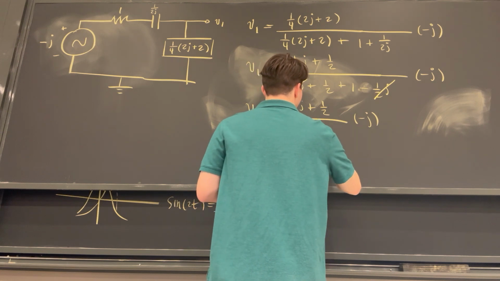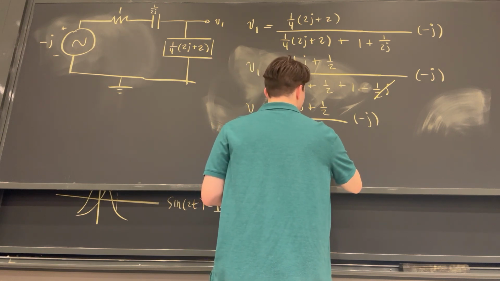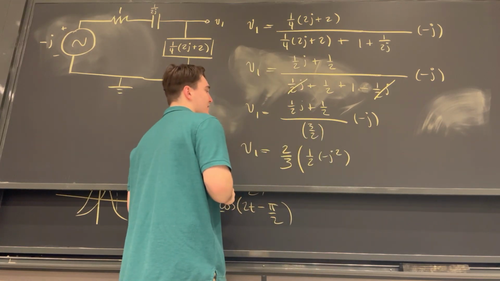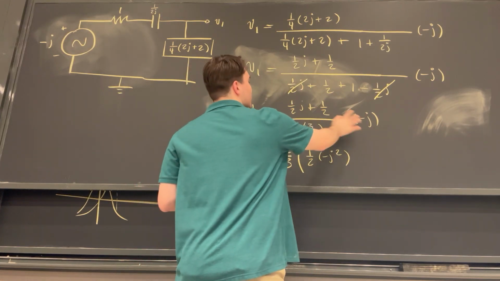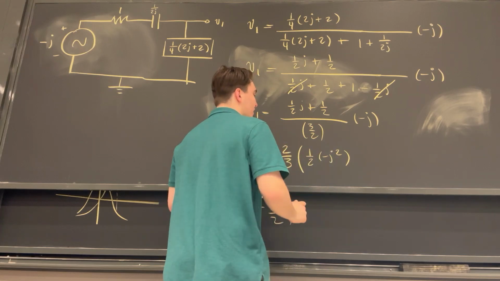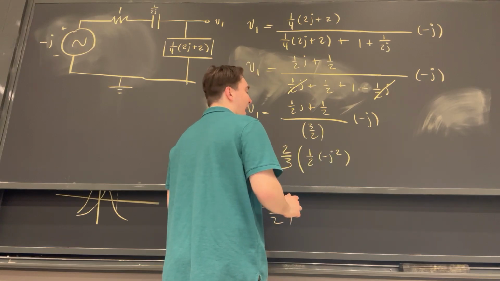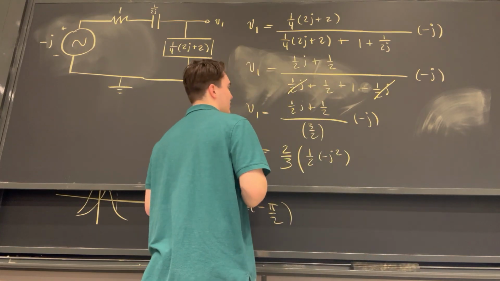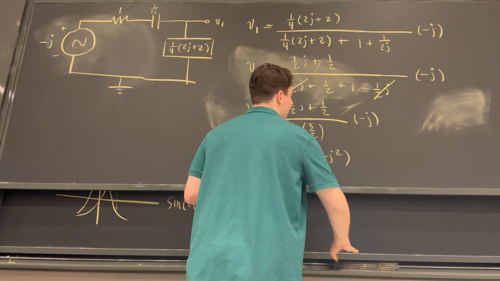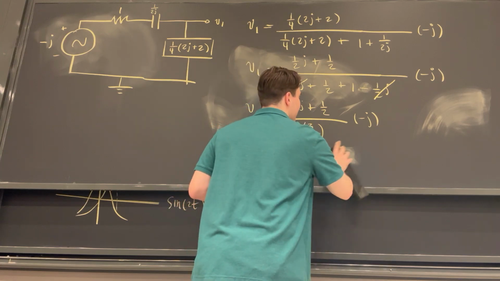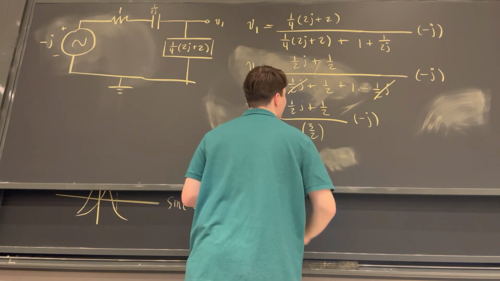I'm going to get 1/2 times negative j, squared there because I got 2 of those j's. And I know that negative j squared is going to be positive 1, right? Because that's just by definition. j squared is -1, and then this extra negative makes it just +1. So that whole thing just goes away to 1.